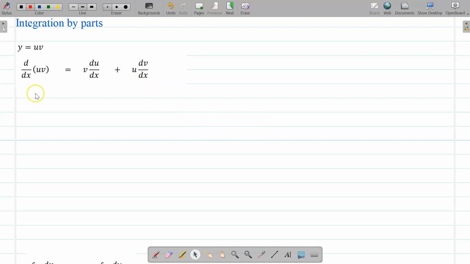Now what we're going to do with this is create a similar kind of rule for integration, a sort of product rule for integration, and this is how it works. So we start by literally integrating each term. That's why I've left some space there.